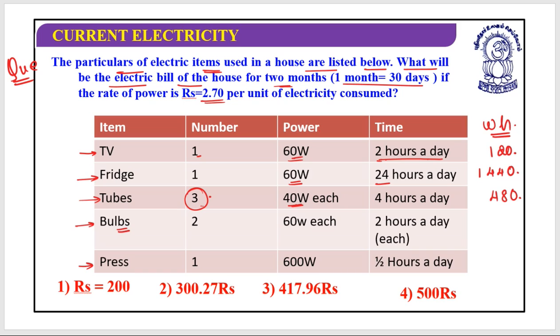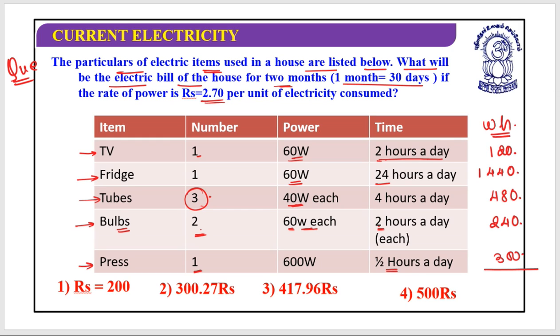Next, bulbs are there, 60 watt each, and total two bulbs, so 60 into 2 is 120 watt, multiplied by 2 hours a day. So this is 60 into 4, it's 240 watt into hour. And next is the press, it's used half an hour a day, and one press is there, so this is 300 watt into hour. This is your total consumption.